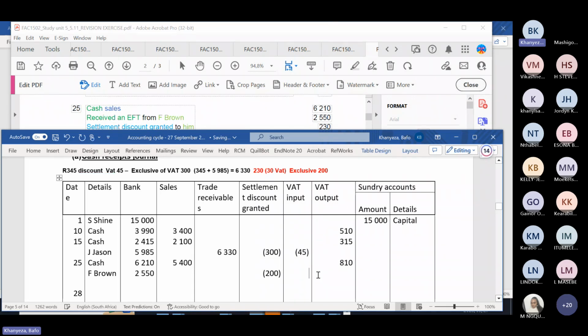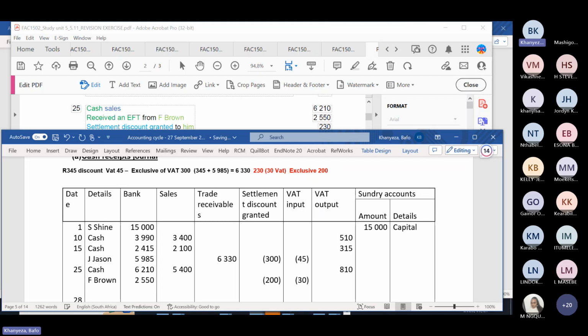Then it's going to be the input VAT, which is our asset now, because we are clawing it back from SARS, since we've given F Brown a discount.